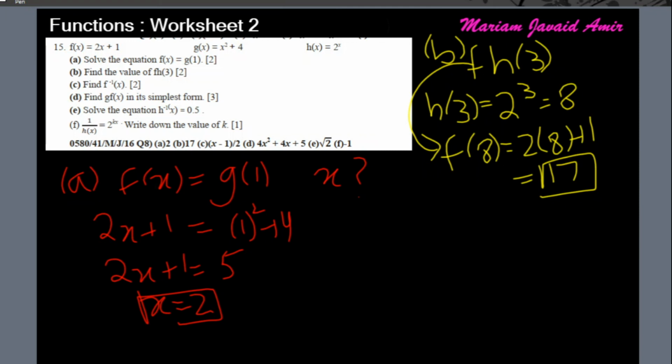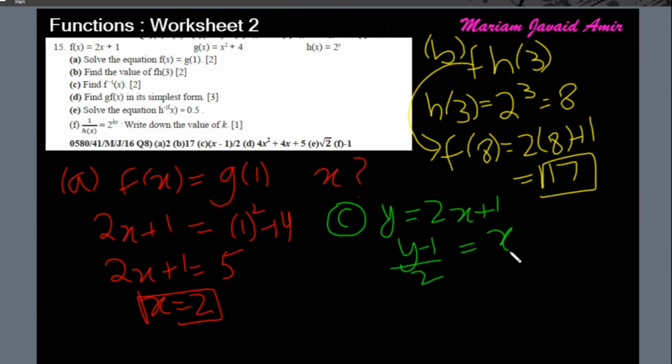Part C, f inverse of x. So for that, write y is equal to f(x), then make x the subject, then this is your answer, but change y to x. Okay.